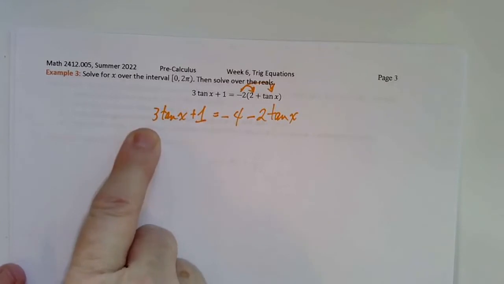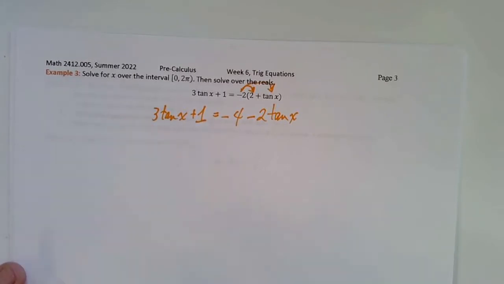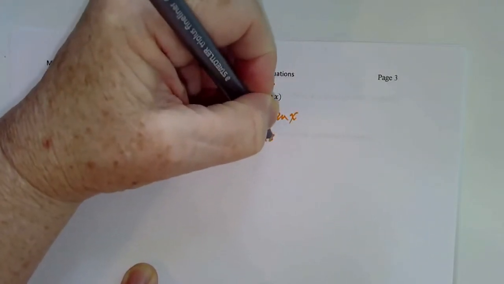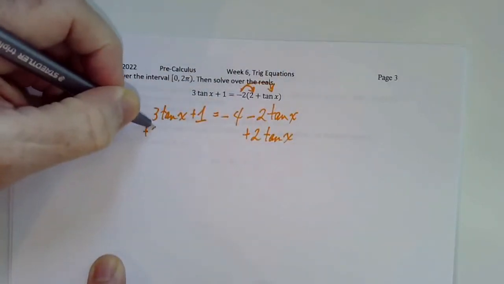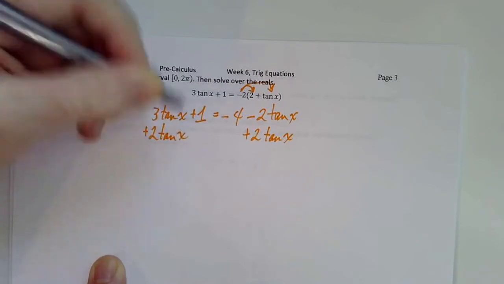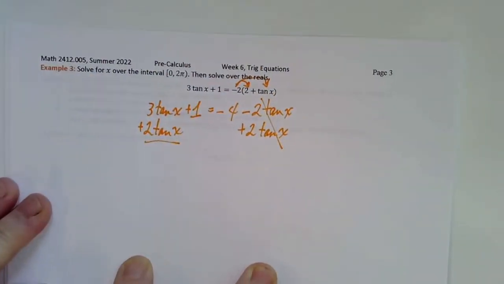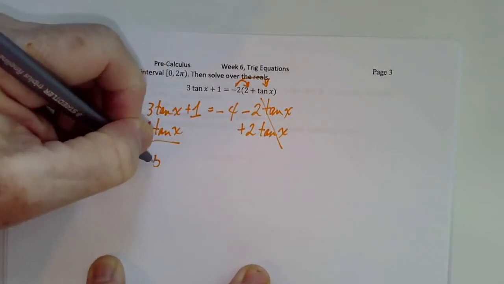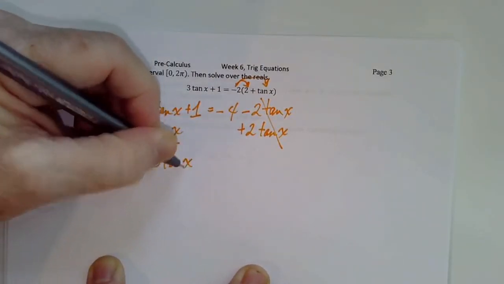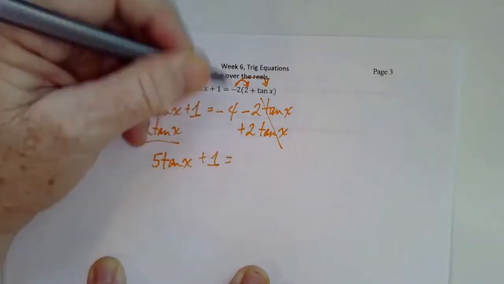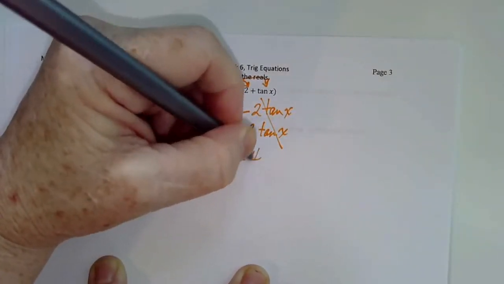I don't know why, but I like it to be on the left, so that's what I usually do. So we're going to add 2 tangent x to both sides. That eliminates the tangent term on the right, and we get 5 times the tangent of x on the left. We still have that plus 1, and on the right we still have minus 4.